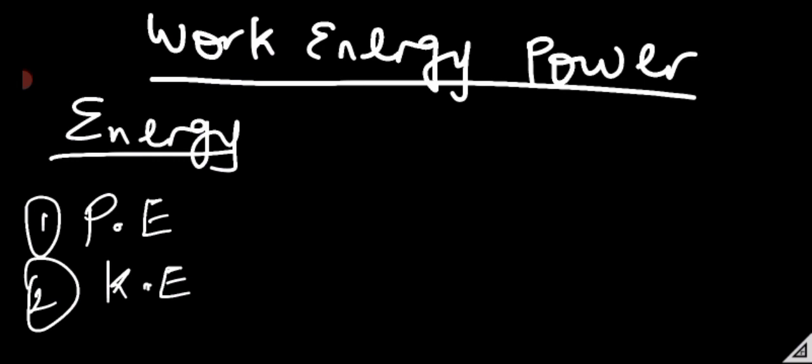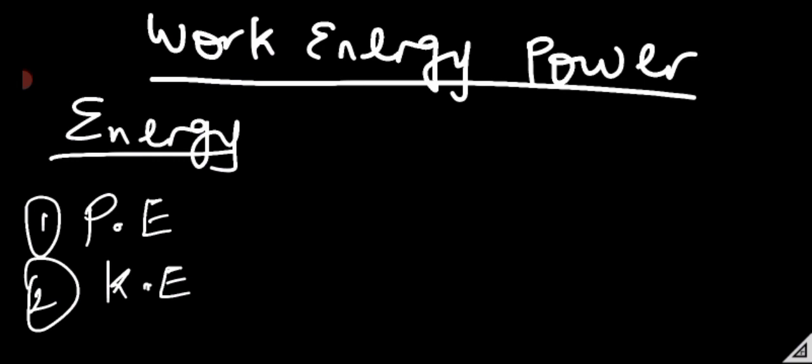Now, what is potential energy? Potential energy is the energy a body possesses as a result of its height from the ground. That's why we call it potential. What is potential? Potential means something that is able to do, but has not done it yet.